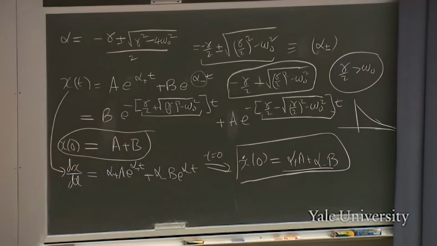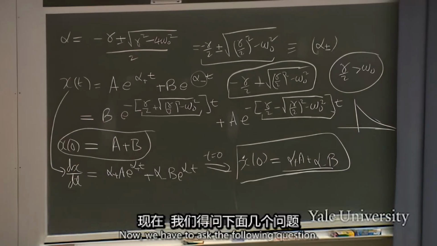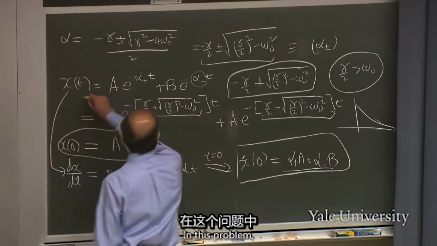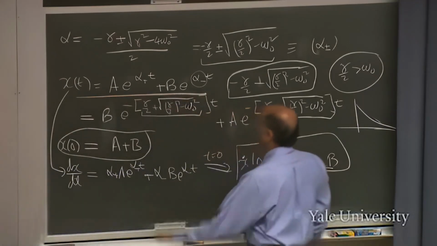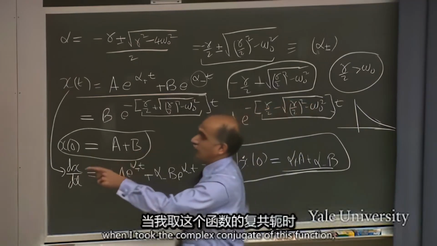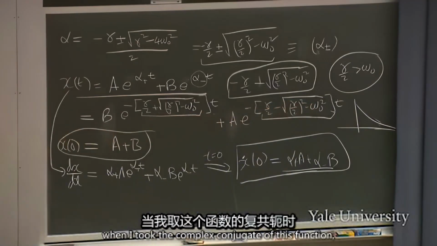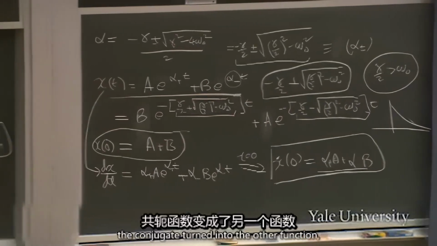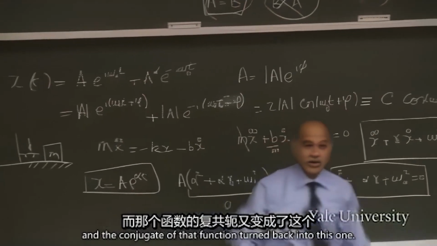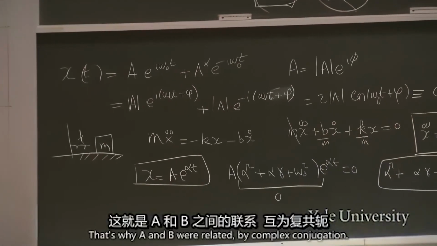Yes? Are A and B still complex conjugates? Now we have to ask the following question. In this problem, if everything is real, see previously what happened is when I took the complex conjugate of this function, the conjugate turned it into the other function, and the conjugate of that function turned back into this one. That's why A and B were related by complex conjugation.